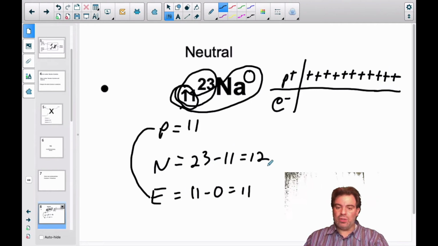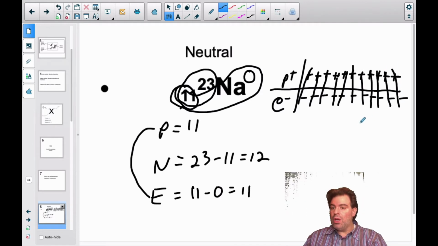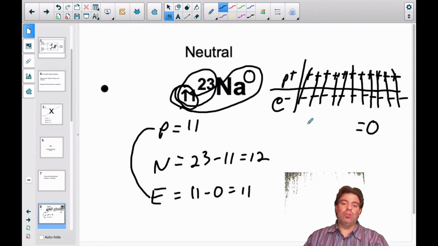And how many electrons? 11 as well: 1, 2, 3, 4, 5, 6, 7, 8, 9, 10, 11. So they cancel, each one cancels, for a total remaining charge of 0. And that's where this comes from. That's the ratio of protons to electrons.